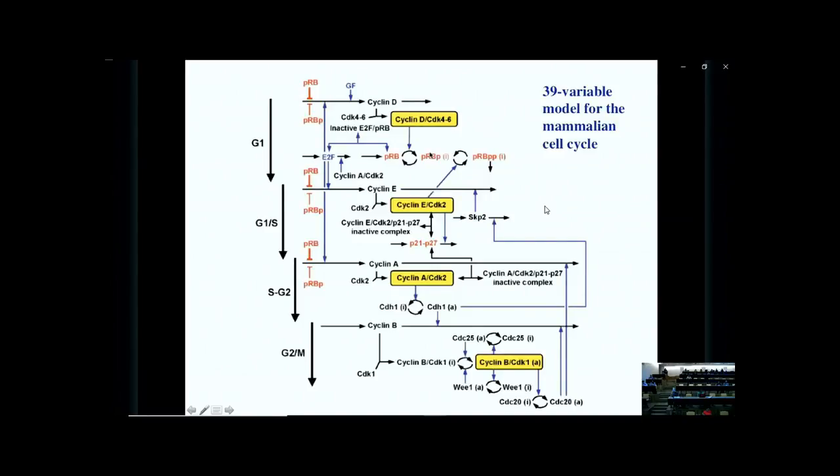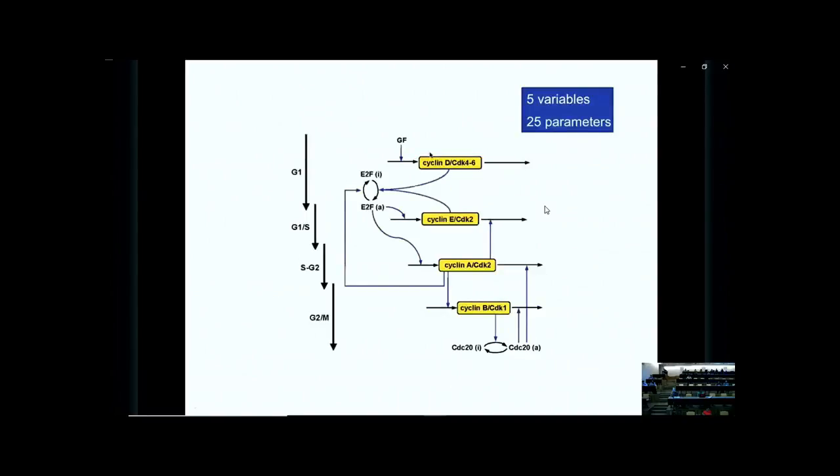It was added later. There is no role of PRB, and so on, or of inhibitors. But we retain the same structure, which is based on the observation that each module activates the next modules and at the same time inhibits the previous modules.